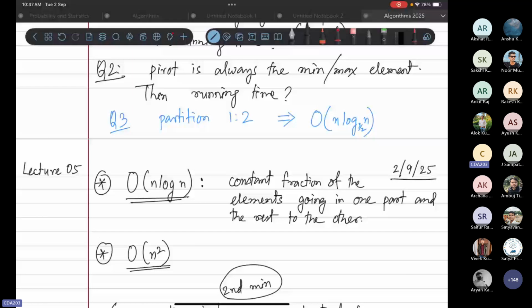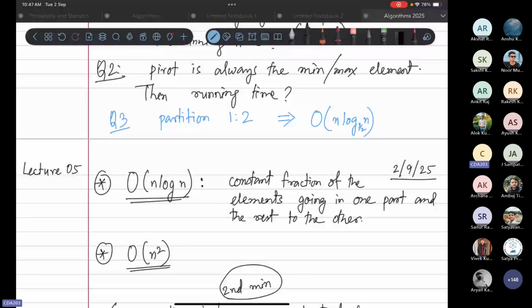Do you understand this statement? So if I have a partition where a constant fraction of the elements is going to one part and the remaining elements are going to the other part, then we are going to have a running time of n log n.